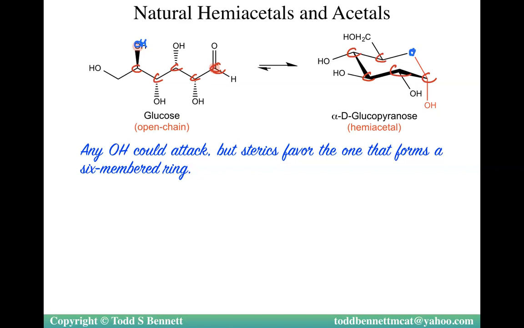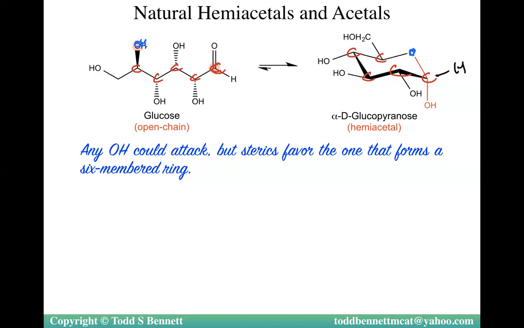What we formed is a carbon that has a bond to OR, a bond to OH, a carbon and an H. Because it came from an aldehyde with a carbon and an H, it's got to be an acetal of some sort, but because it still has this H right here, this is a hemiacetal.